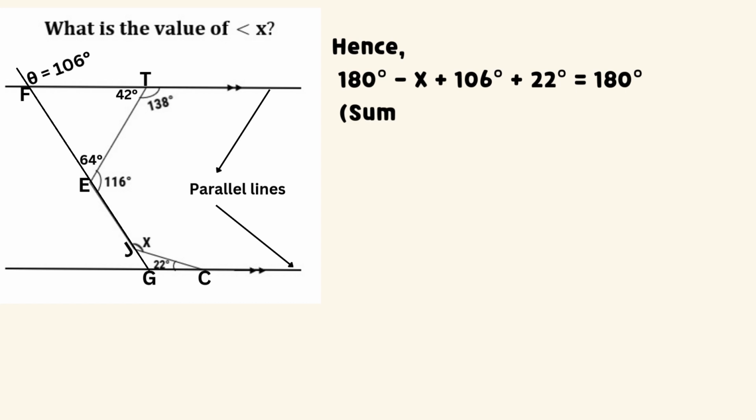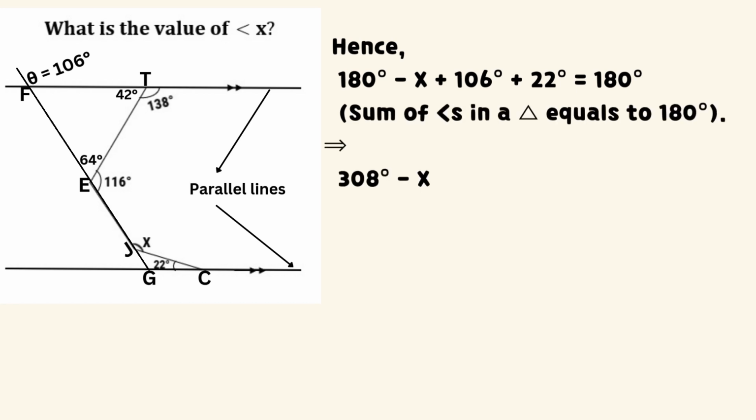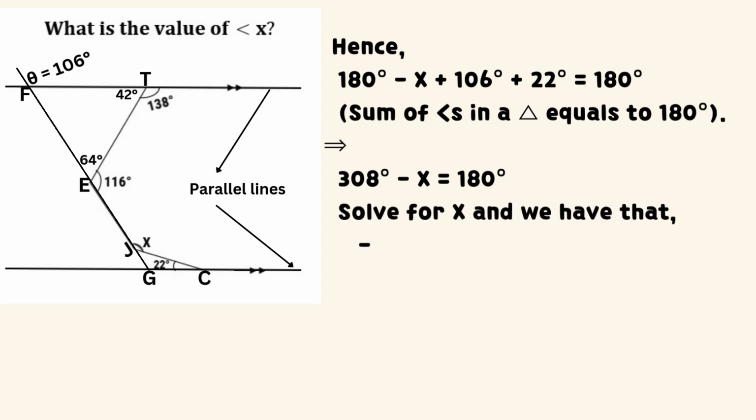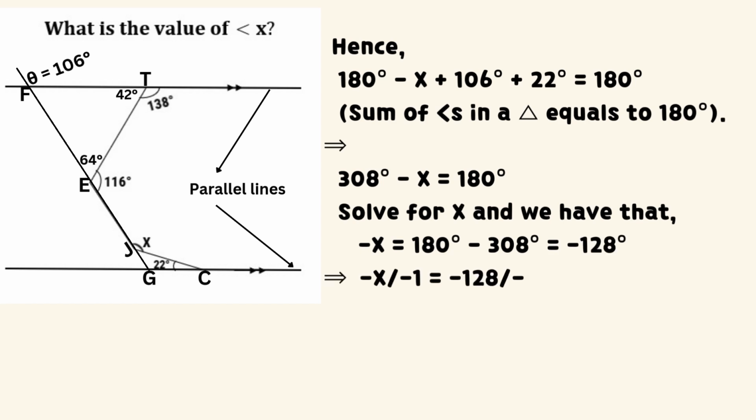Hence, 180 degrees minus x plus 106 degrees plus 22 degrees equals 180 degrees. It is because the sum of angles in a triangle equals 180 degrees. It follows that 308 degrees minus x equals 180 degrees.